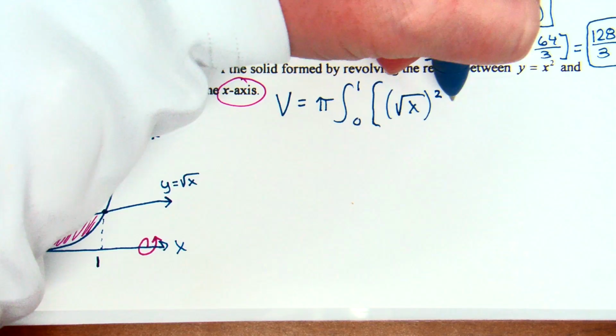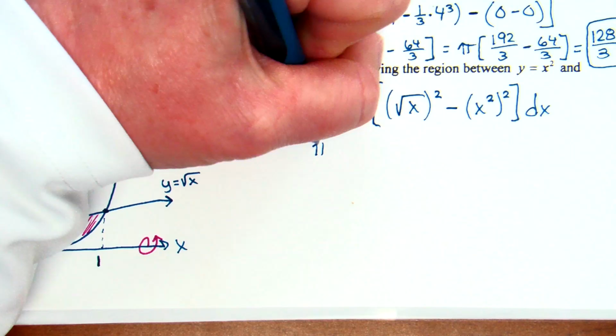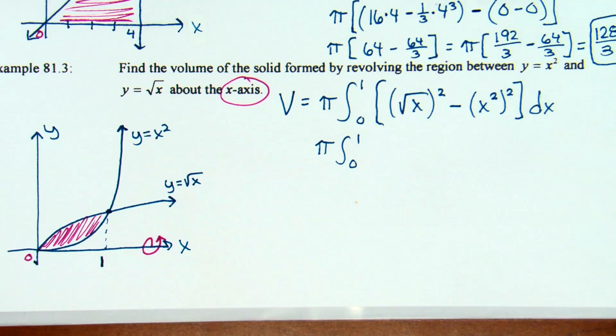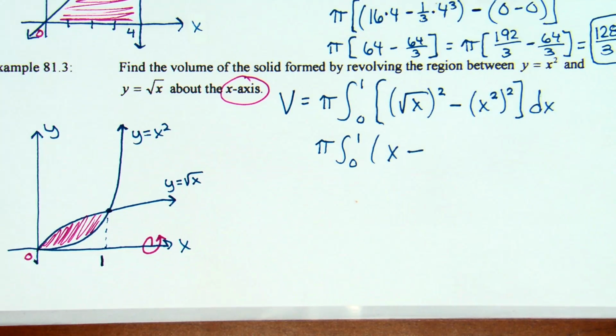So pi times the integral from 0 to 1. Square root of x squared is x, minus x squared squared, x to the fourth, dx.